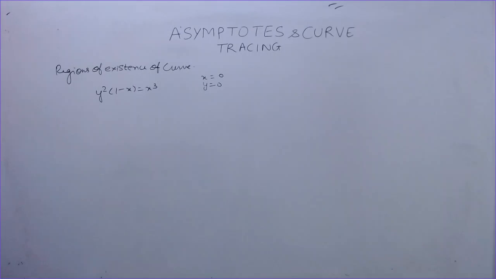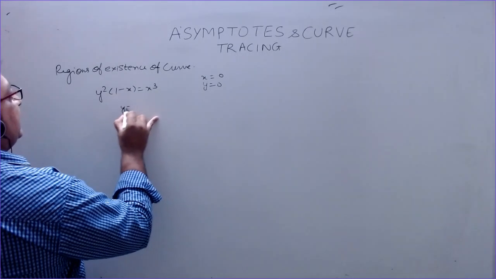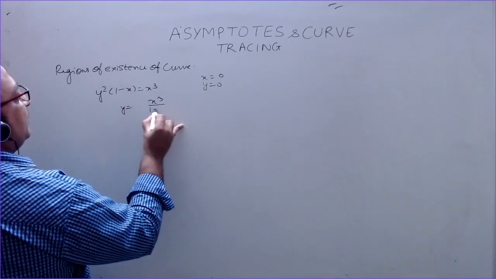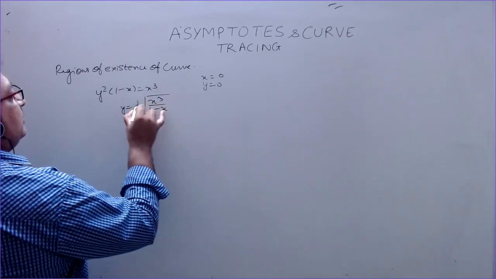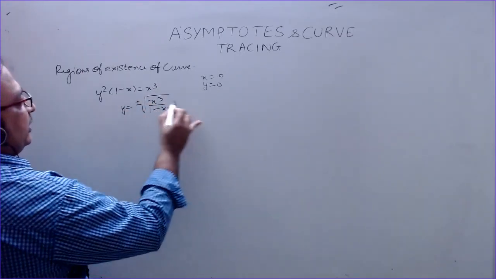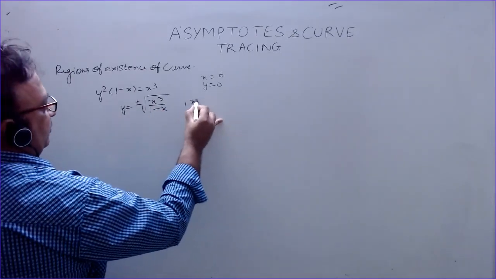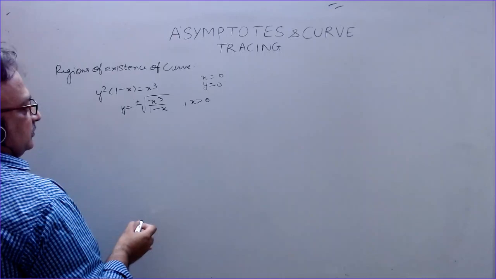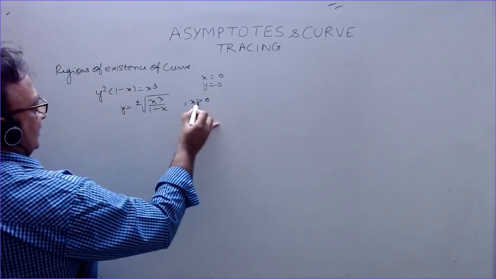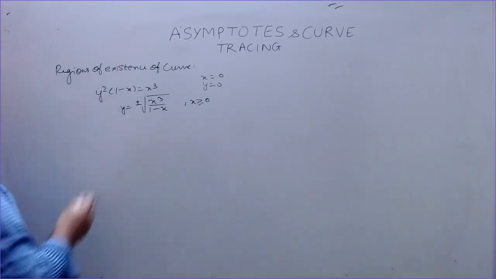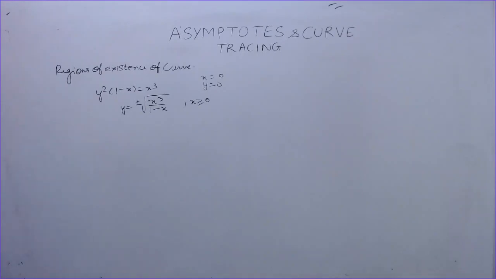Now what are the points of existence? y is equal to plus or minus x cube over the square root of 1 minus x. So here you can see the square root cannot be negative, so x should be positive. Now x can be equal to 0 here, so x should be greater than or equal to 0.